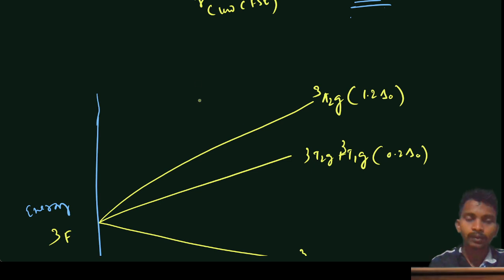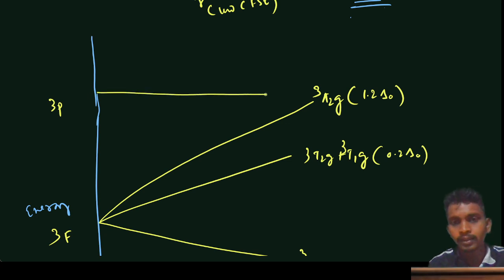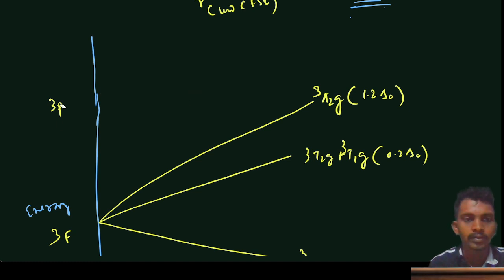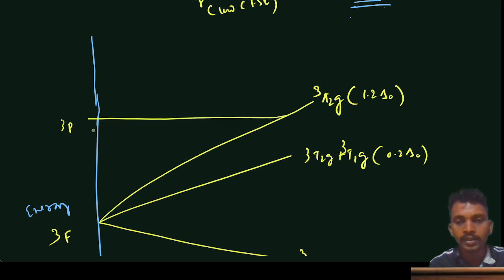Now what you see is that the excited states I will draw here. That excited state will come like this, that is 3P, and this value will be somehow like this. This excited state is 3T1g(P) and this is A2g.